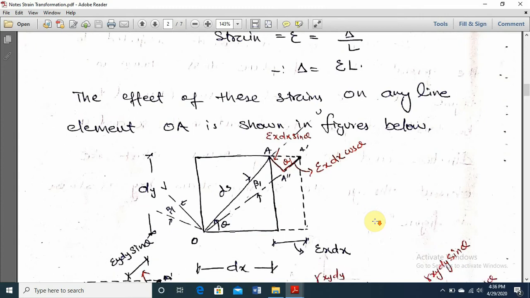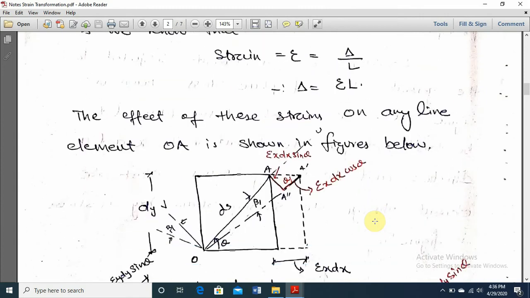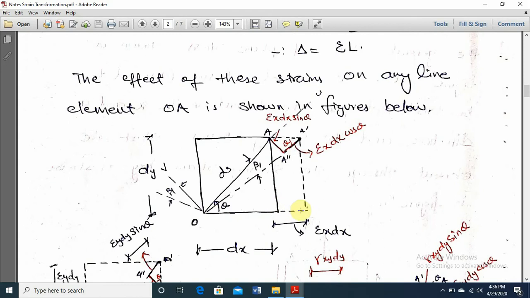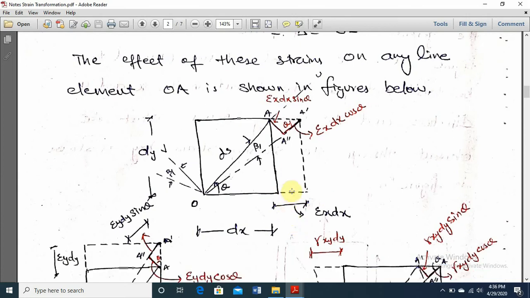Sigma x will try to elongate this element, and the change in length will be equal to ex into dx. Dx is the original length where ex is the strain in the x direction.